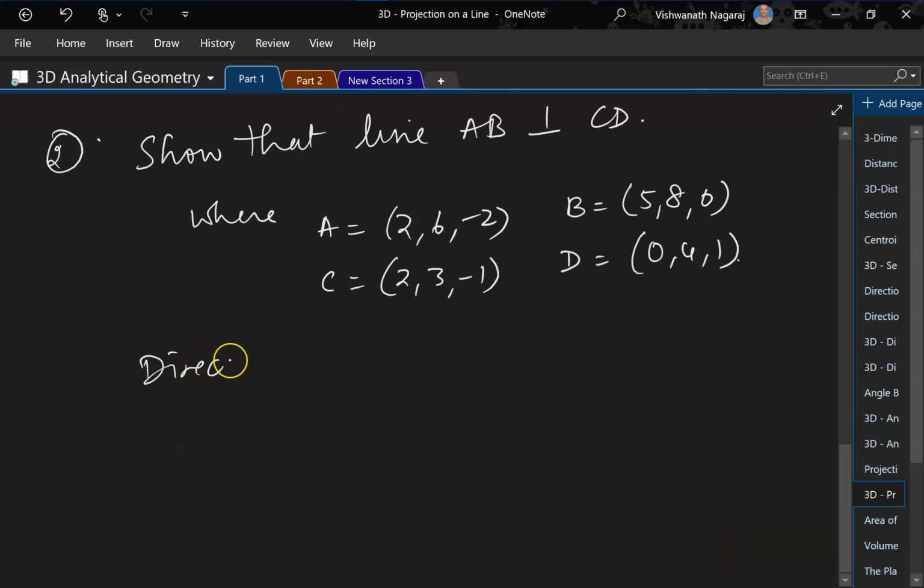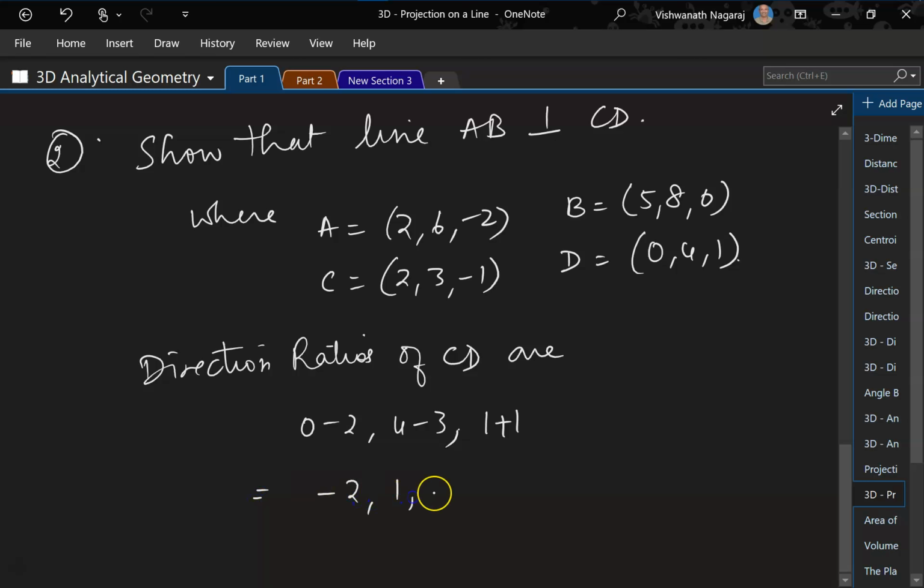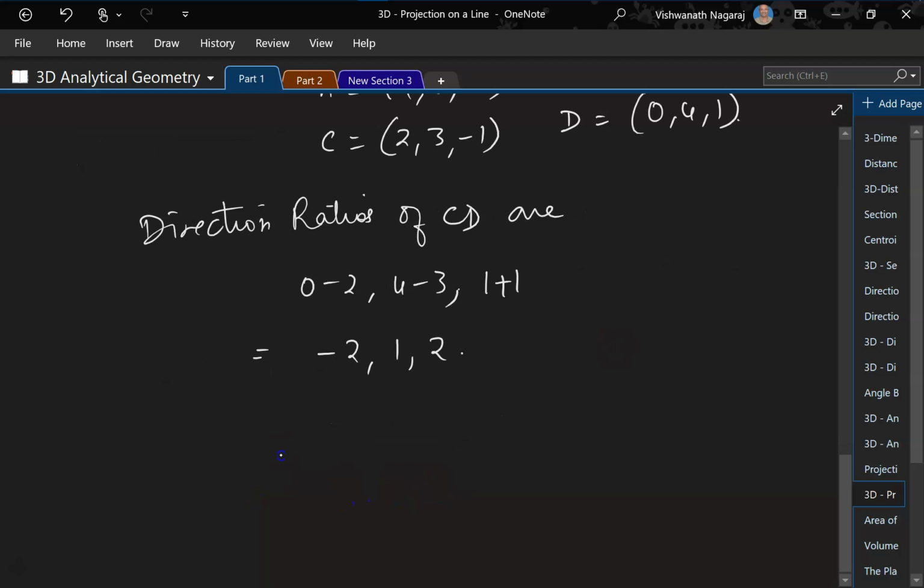Now direction ratios of CD are 0 minus 2, 4 minus 3, and 1 minus minus 1, so plus 1. So this becomes minus 2, 1, 2, right?